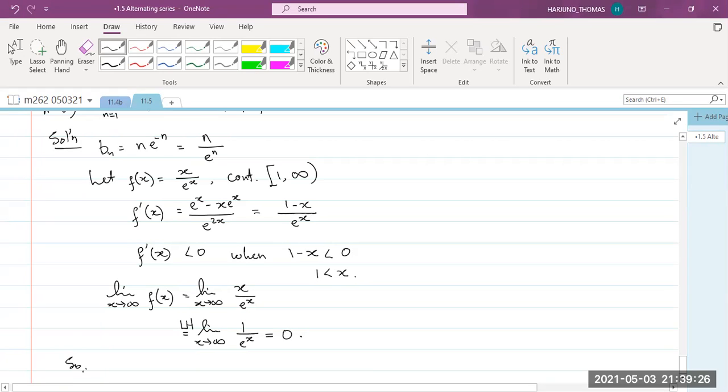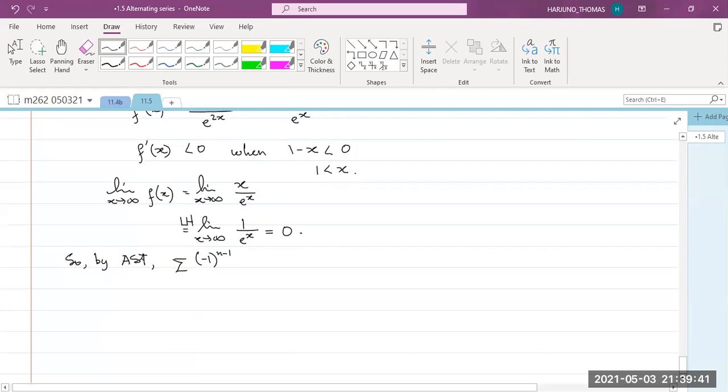So by the alternating series test, that series (-1)^(n-1) n e to the -n is convergent.